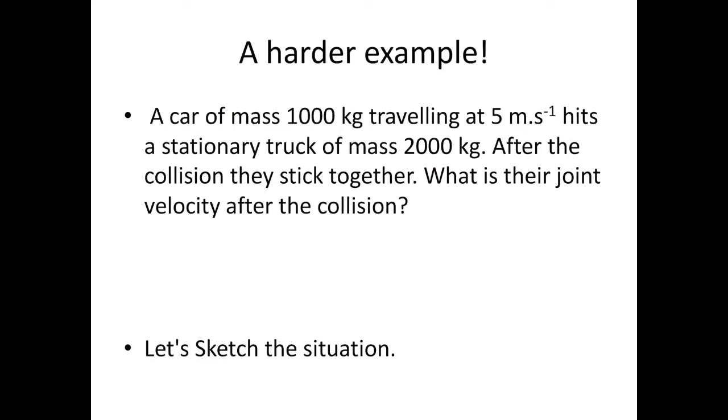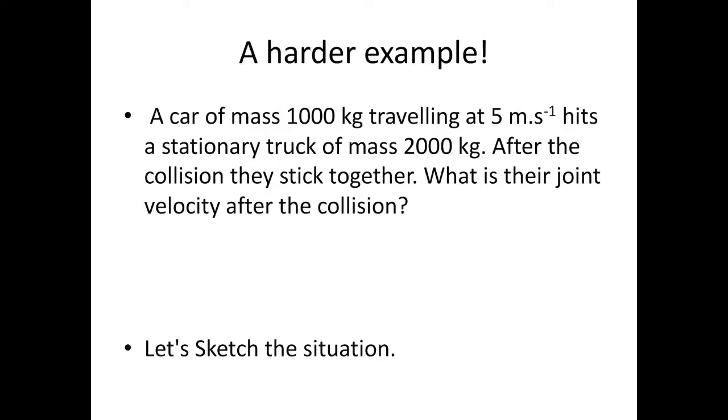Let's look at an example. Okay, I call it a harder example. Of course, it's not as simple as p equals m times v. So we have a car of mass 1,000 kg traveling 5 meters per second, and it hits a stationary truck of mass 2,000 kg. After the collision, they stick together.